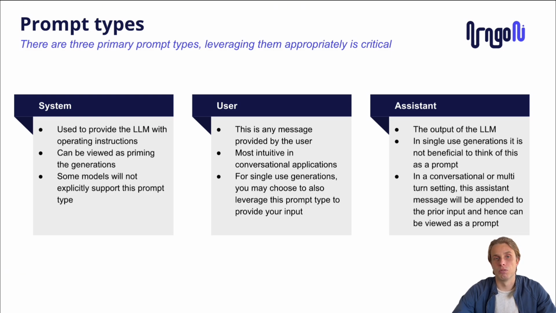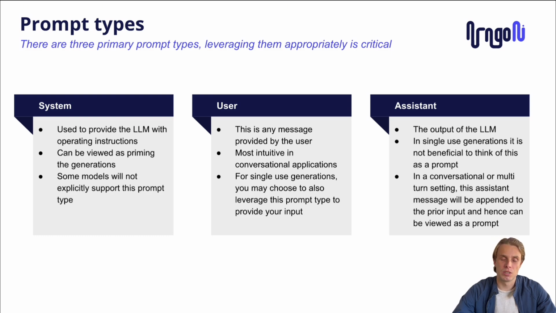So as you might have inferred from that example, the assistant prompt is the name that we give for any outputs of the language model. So any of the generations we call the assistant prompt. And again, this is more intuitive in the idea of a conversational setting, because from our definition before, everything that goes to the large language model as input, we're considering our prompt.